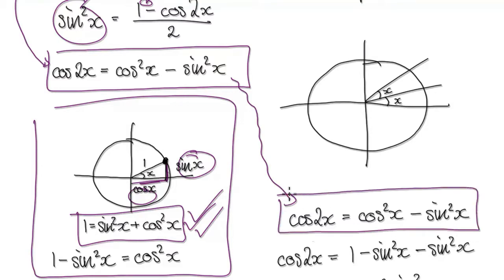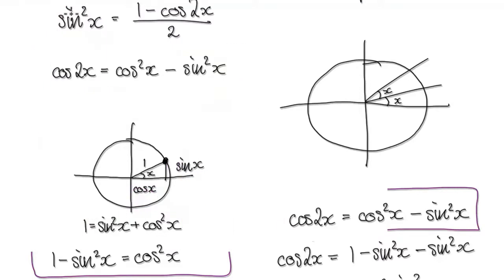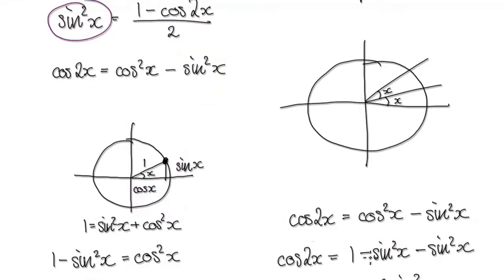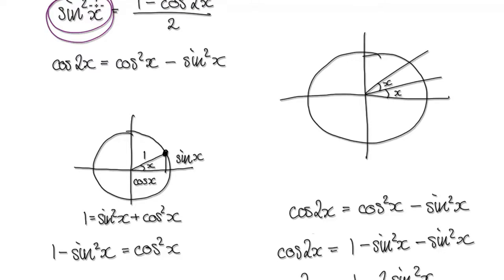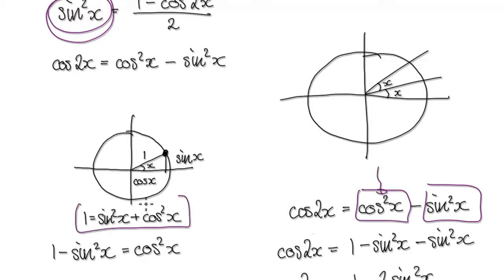So for you to understand sine squared, eliminate this cos squared. So hang on, so from here, minus sine squared from both sides, that will then give you this.